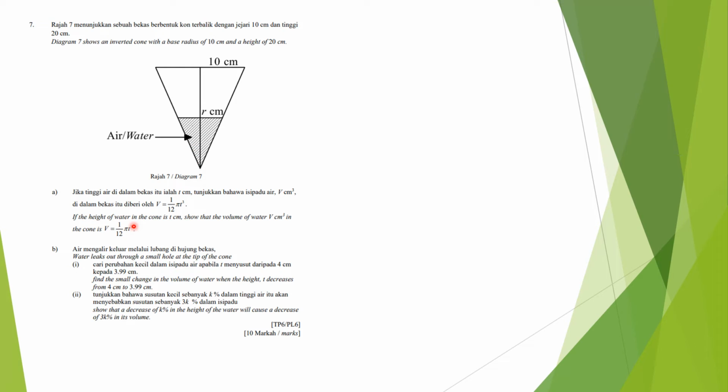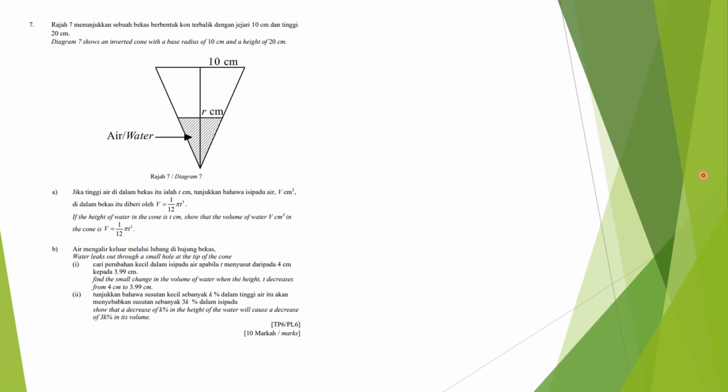If the height of the water in the cone is T, show that the volume of water V in the cone is V equals 1 over 12 pi T cube.